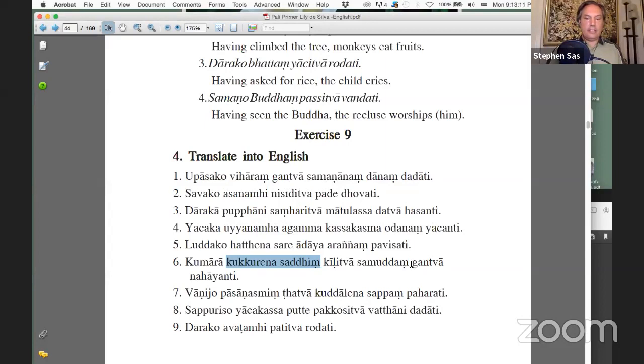And then I would take the second absolutive, and having gone to the sea, samudang, that's the accusative of gantva, object. Then our subject, the nominative plural, boys, nahayanti, bathe. So having played with the dog and having gone to the sea, boys bathe. Oh, yeah. Thank you. You're welcome.